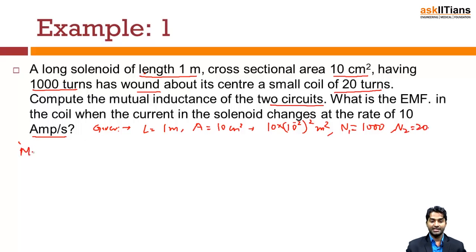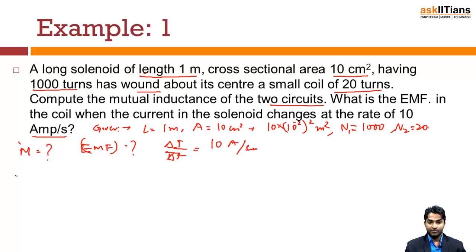We have to compute the mutual inductance of the two circuits, and also find the EMF in the coil if the change in current di/dt is given as 10 ampere per second.